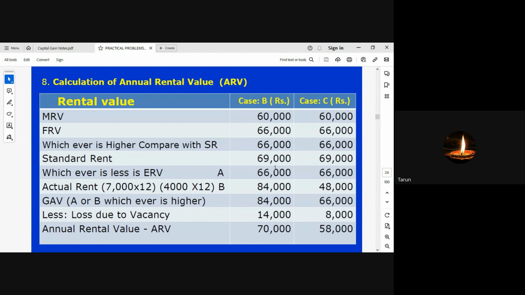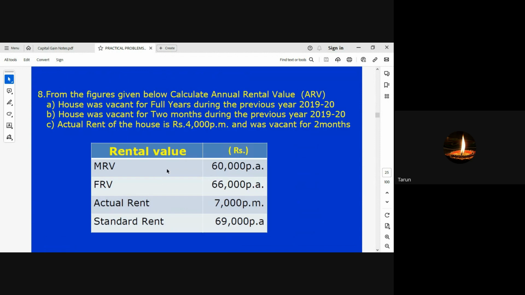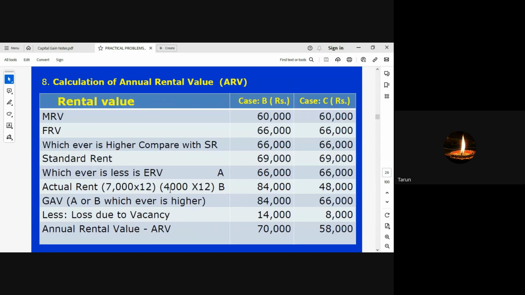Then we have to calculate the actual rent. How do we calculate the actual rent in case B? The actual rent in case B is 7,000 per month, so to convert it to an annual basis we multiply 7,000 by 12 months, which is 84,000.